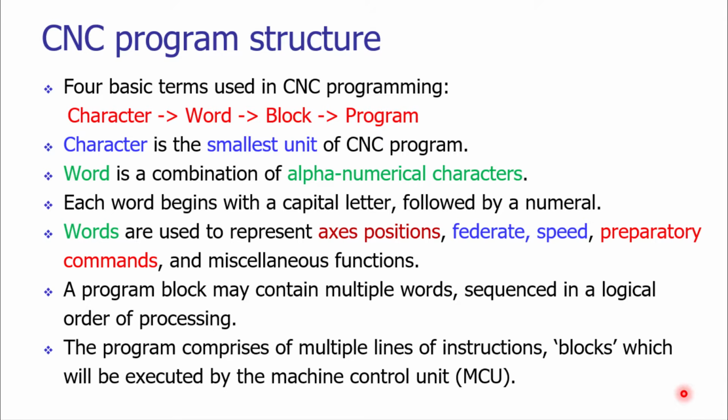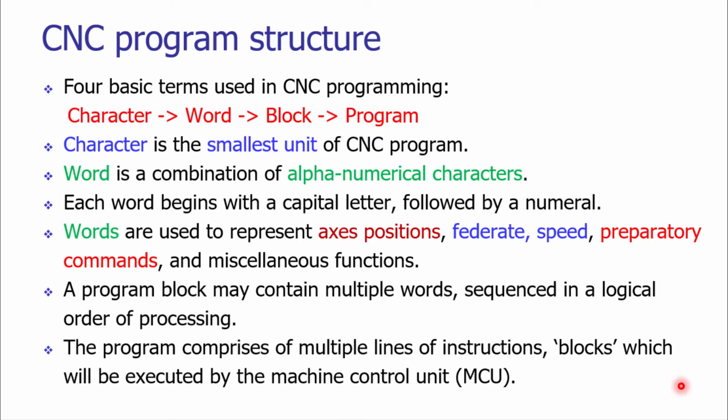Well, after studying the CNC machines and their configurations, let us start the CNC part programming. As far as automated computer-aided manufacturing systems are concerned, it is very essential for an automation engineer to know how the CNC machines work, which we have seen in the previous lecture.